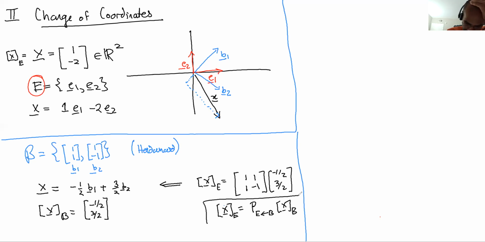And so if I wanted to go from B coordinates to E coordinates, I would multiply by the matrix P_{E←B}, which is just the matrix that has these basis vectors as its columns.